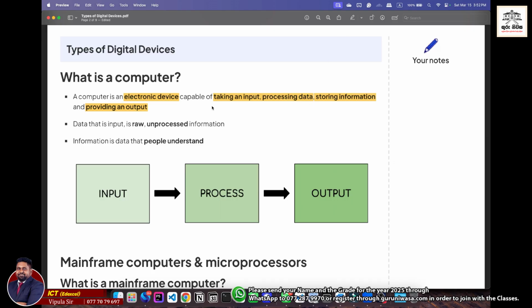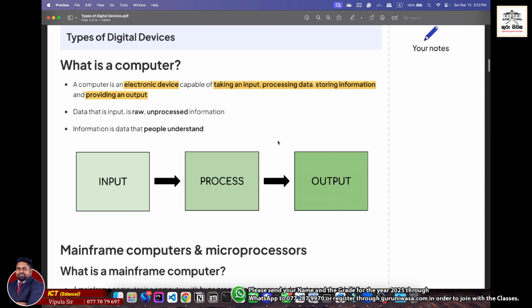Okay, so then the next point is, we have to make sure that we explain that data that is input is raw and unprocessed, and information is data that people understand. Simple as that.